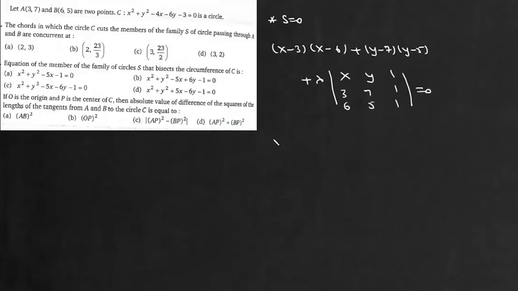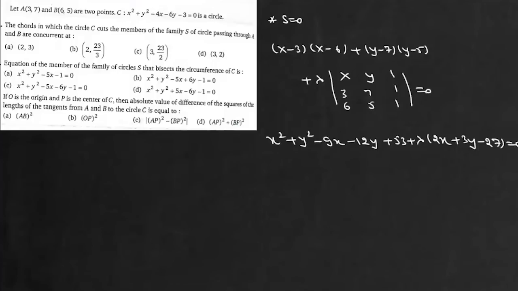So this equation will be x square plus y square minus 9x minus 12y plus 53 plus lambda times 2x plus 3y minus 27 equals 0.